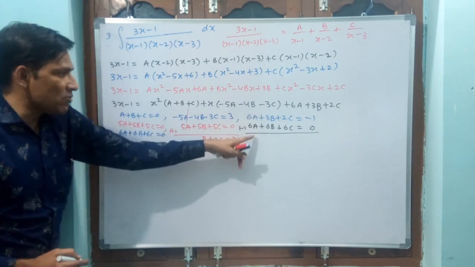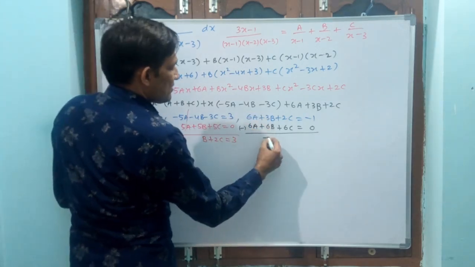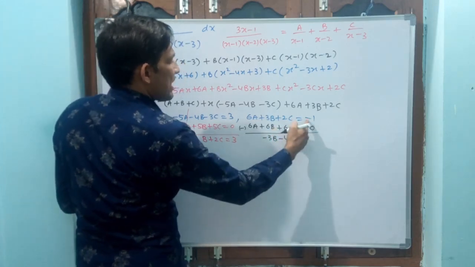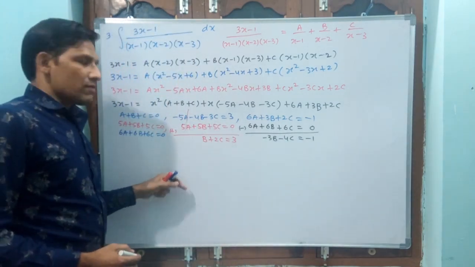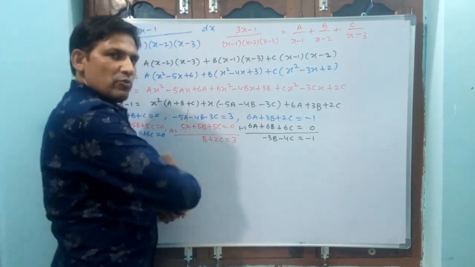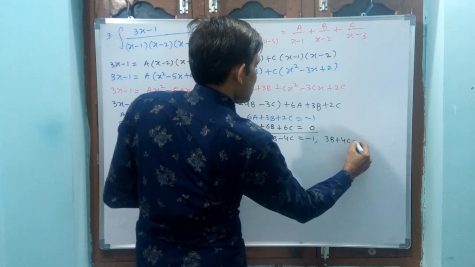Why? Because a is going to get cancelled and only b and c are going to come. Okay, 3 minus 6 is minus 3b, 2 minus 6 is minus 4c, and it is equal to minus 1 minus 0, which is minus 1. Now you see this equation, you also multiply by minus 1, then it is going to become 3b plus 4c is equal to 1.